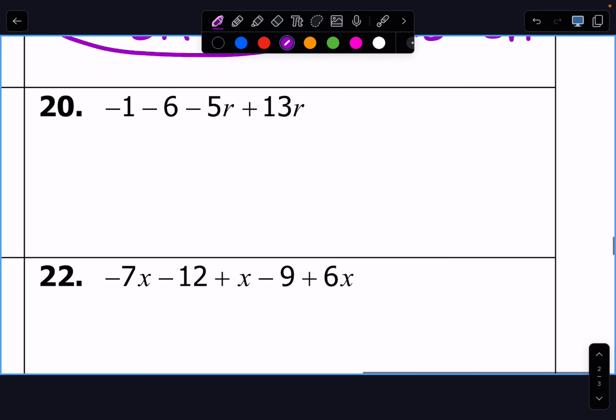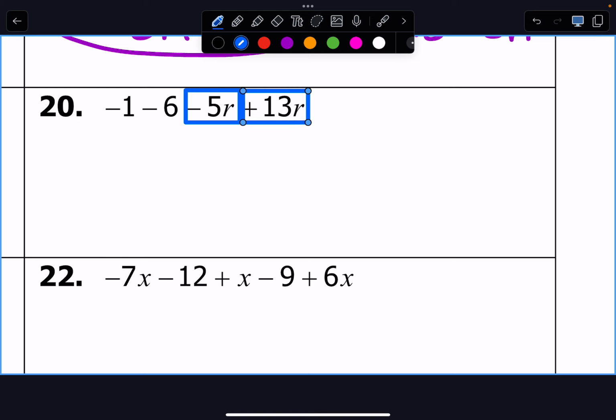So let's look at number 20. How about you go ahead and put boxes around your variable terms and circles around your constant terms. Okay, like I said, use a calculator if it helps you. If we have minus 5r plus 13r, that's going to combine to be what? 8r.